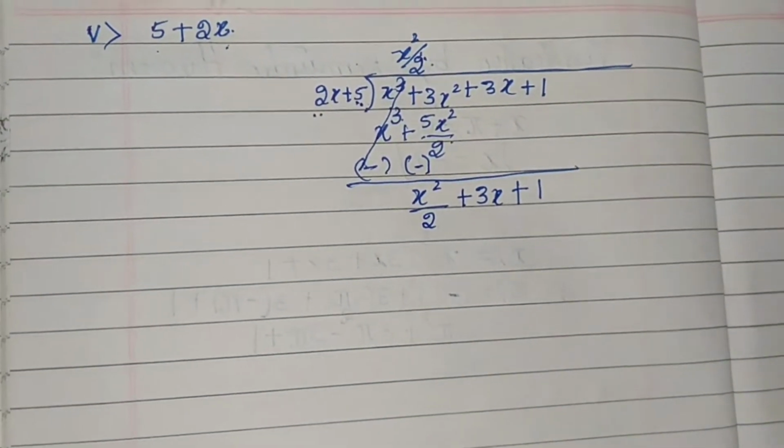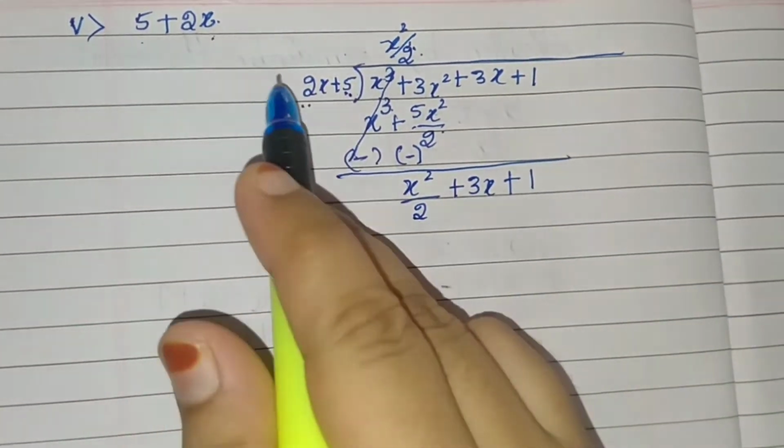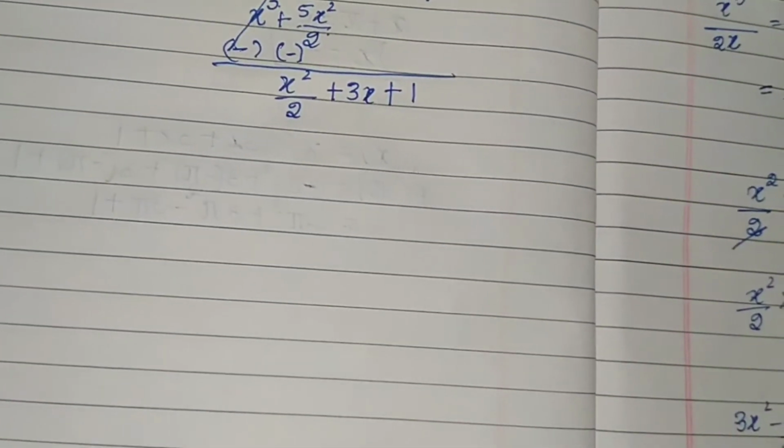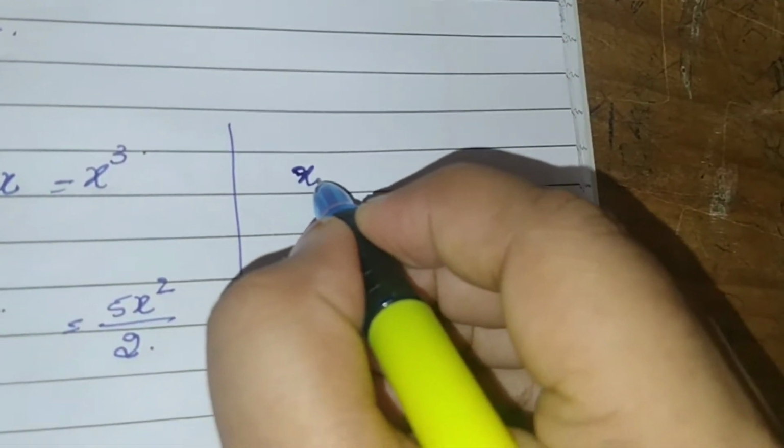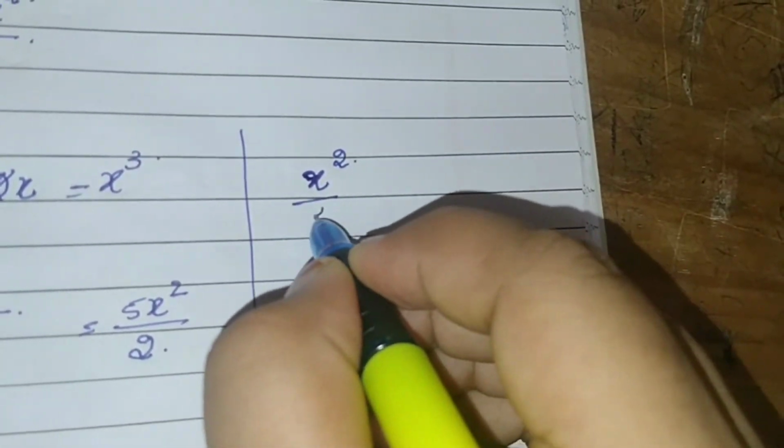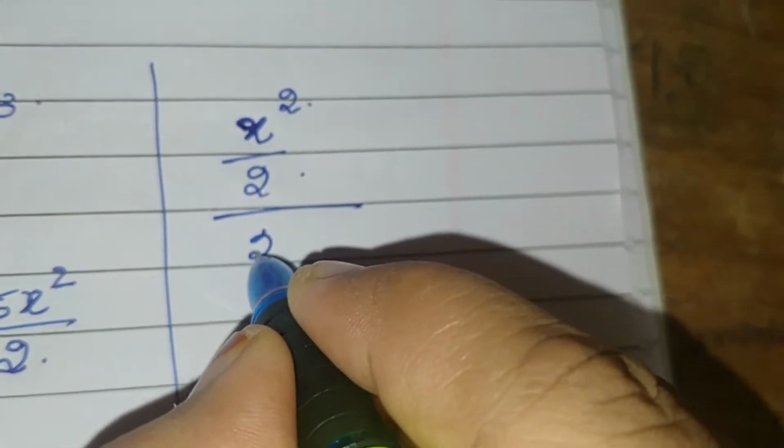Now this is your first term of the dividend and first term of the divisor. The first term of the dividend is x square by 2 and the first term of the divisor is 2x, isn't it?